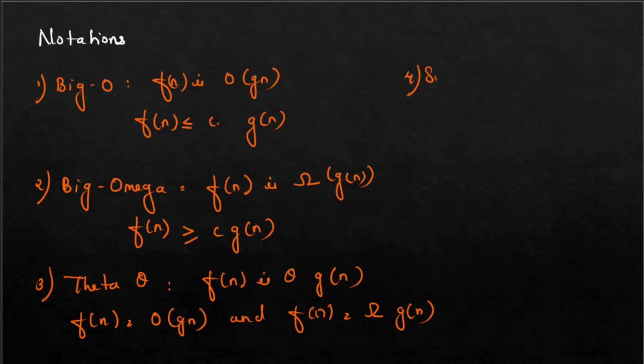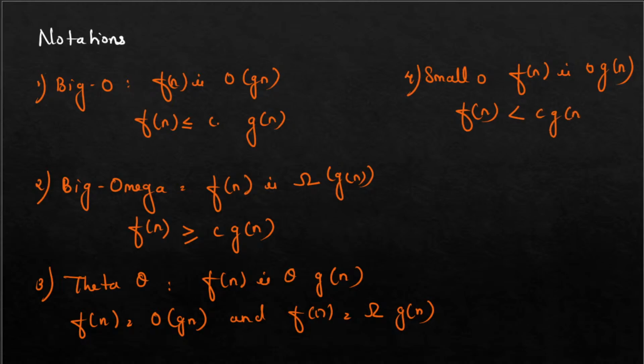Fourth one is small o. Small o means strictly bigger. f of n is small o of g of n. This means that g of n is strictly bigger than f of n. Here you can see that in the earlier notation the equals-to symbol is there, but here there is no equals to, it is strictly greater.